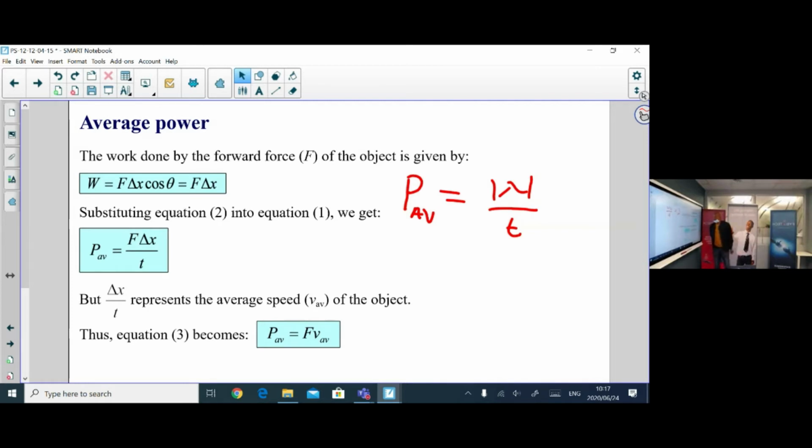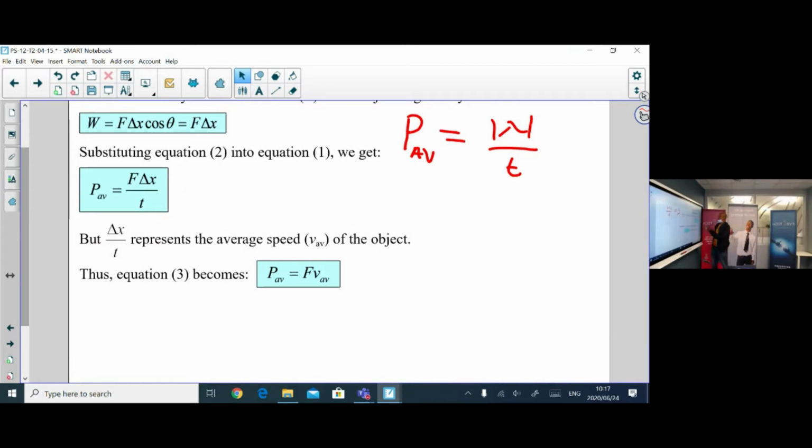But we know that this part here, we all know that the change in X over time is the average speed, from the definition of velocity.